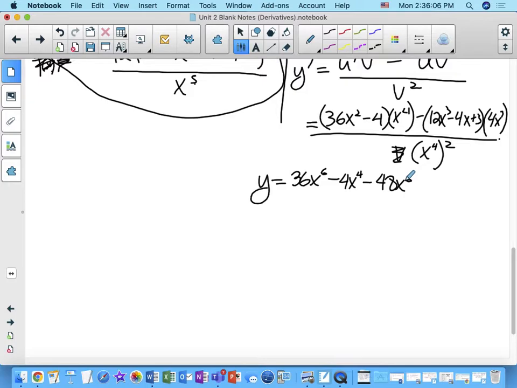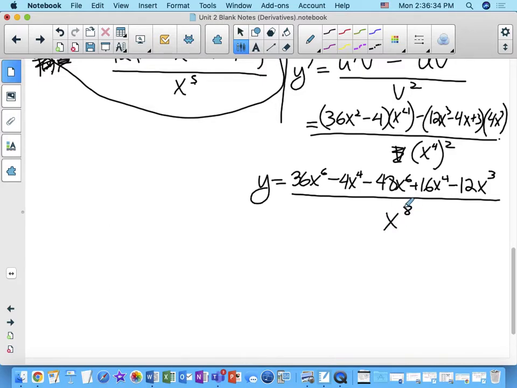And I've got minus, so that's plus, 4 times 4 is 16, x times x cubed is x to the 4. And then minus plus is minus 3 times 4 is 12x cubed over x to the 4 squared is x to the 8.